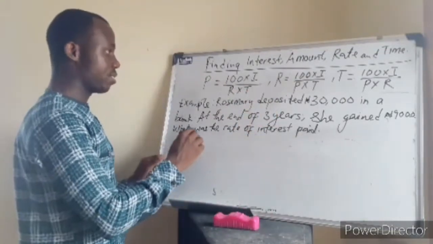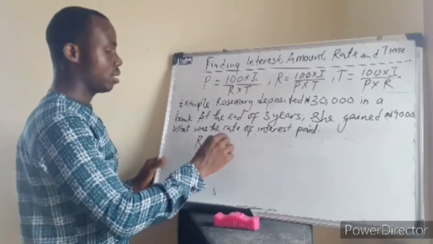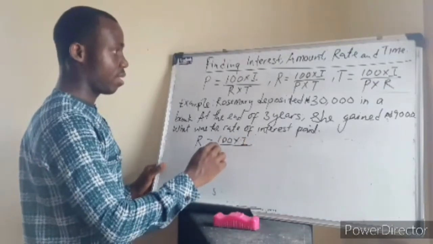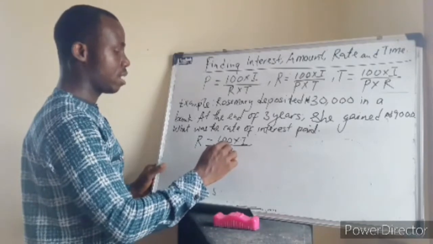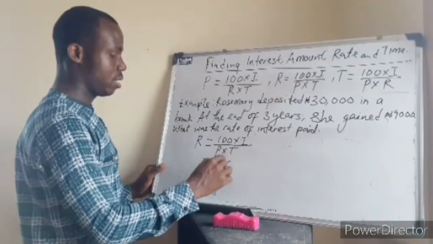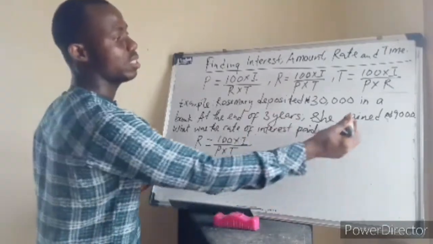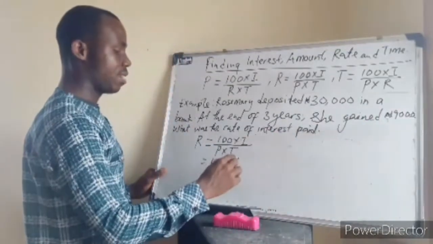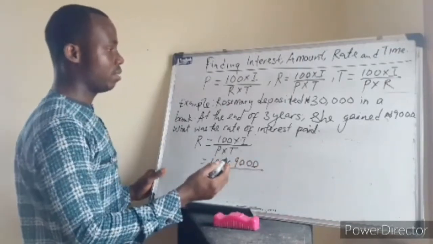So we have rate is equal to 100 times I all over principal times time. 100 is there times I. I is the interest, which is the same thing as the gain, which is 9,000.